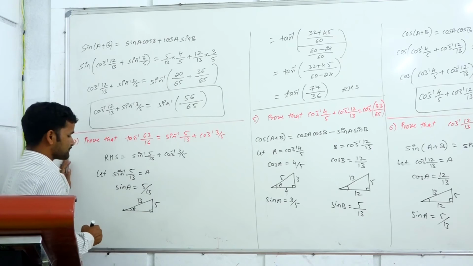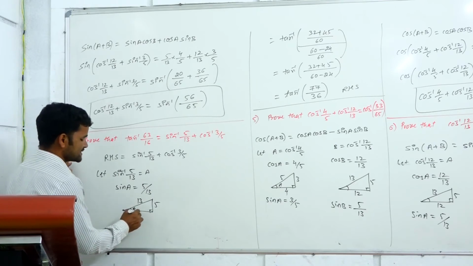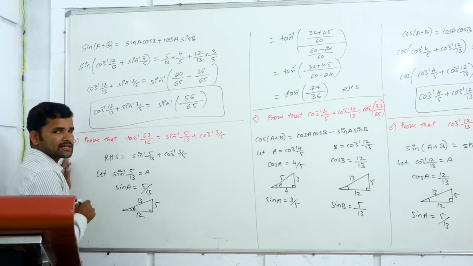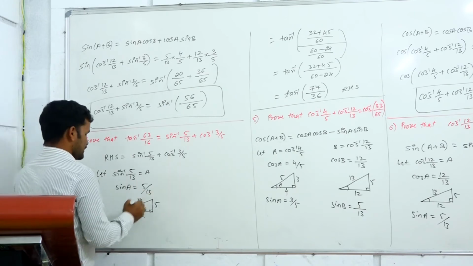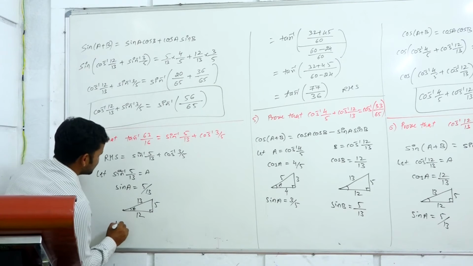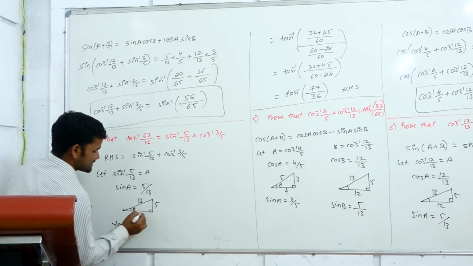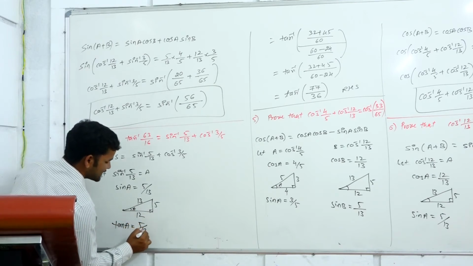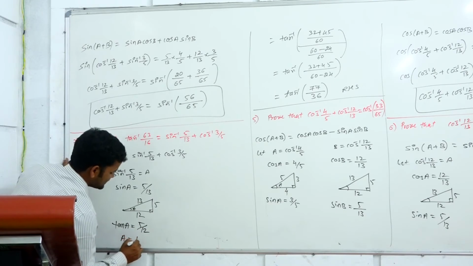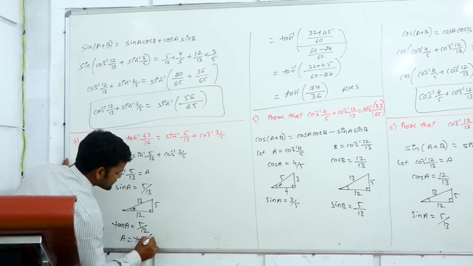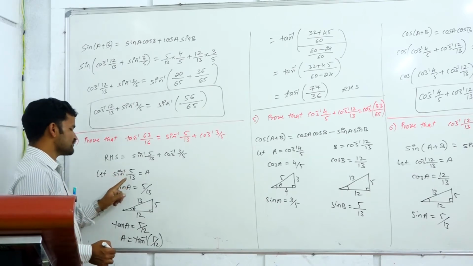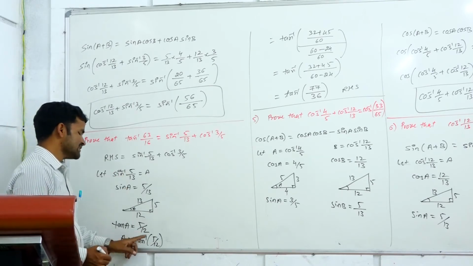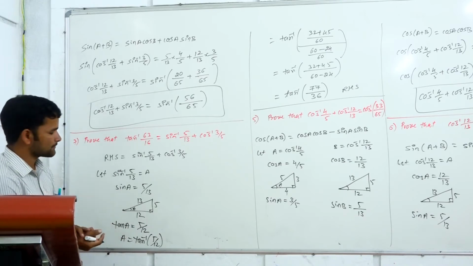What will be the adjacent side here? The adjacent side will be 12. You can calculate using Pythagoras theorem. That is easy. Fine. What will be the tan A value then? Tan A value is 5 by 12. Means A is equal to tan inverse of 5 by 12. I can write sine inverse of 5 by 13 is equal to tan inverse of 5 by 12.